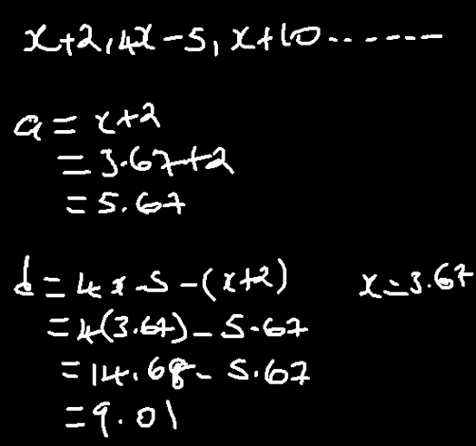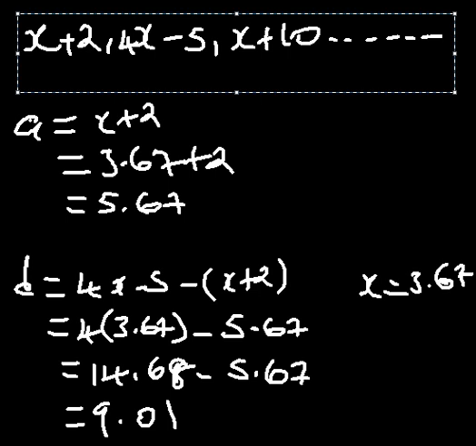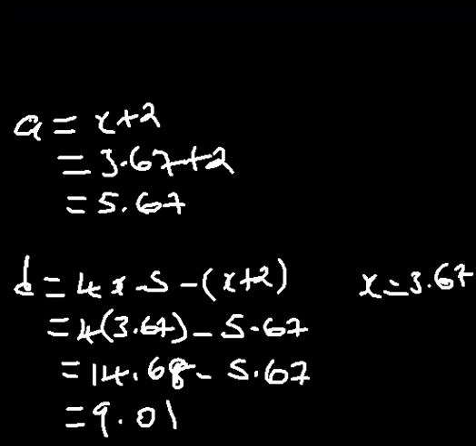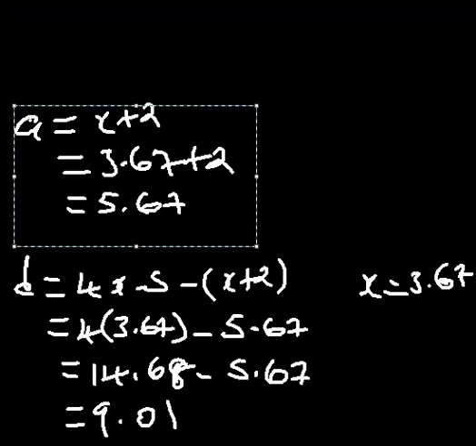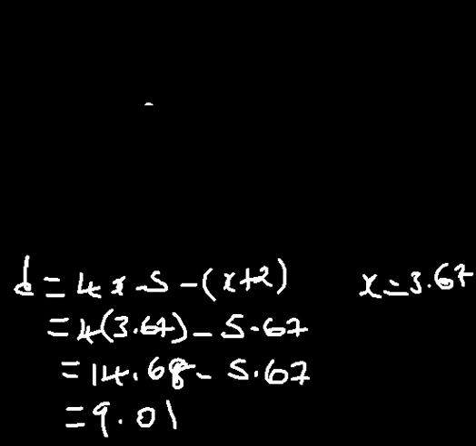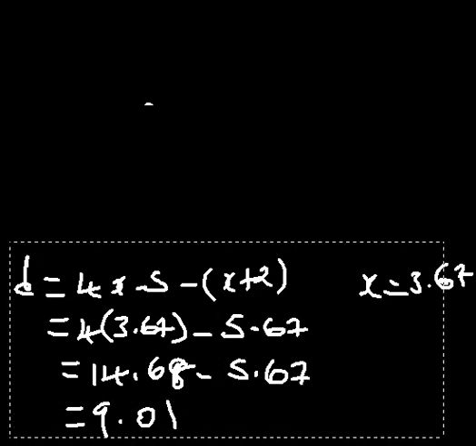So now since we have the first term and the common difference, we can be able to have the sum of 30 terms in that case, the way we've been discussing these things. So since we do not have the last term, we'll use the first formula.